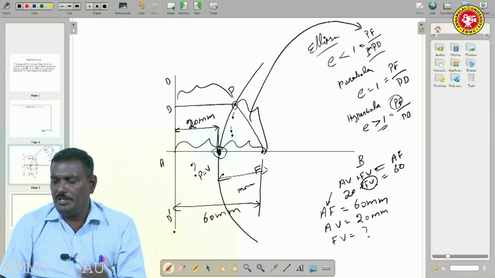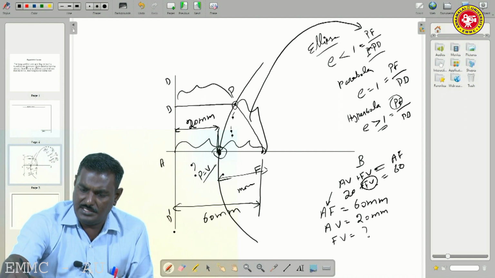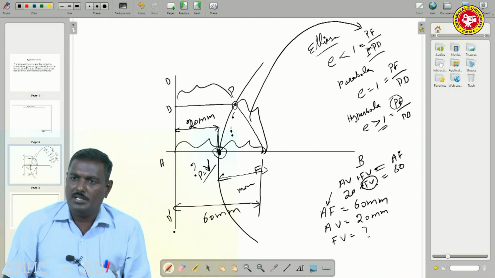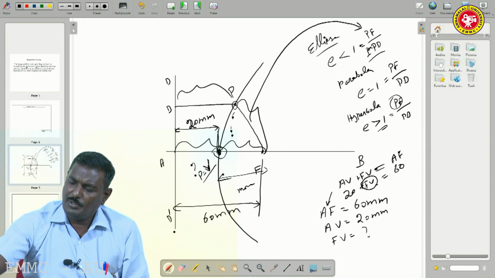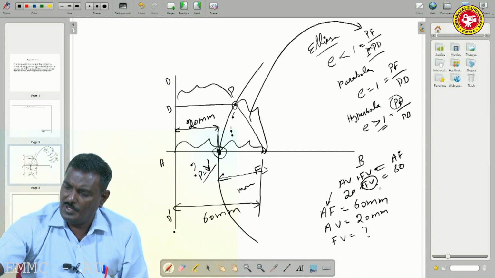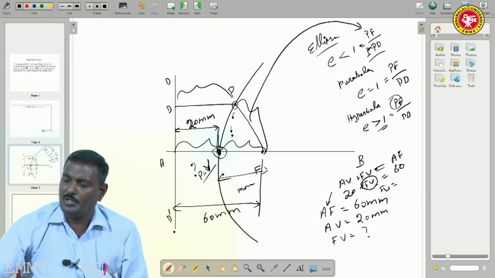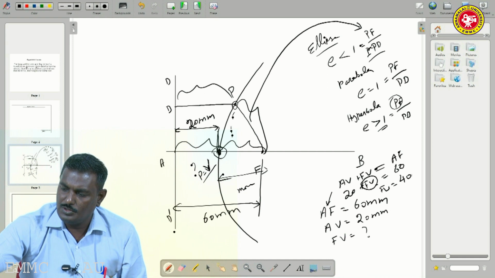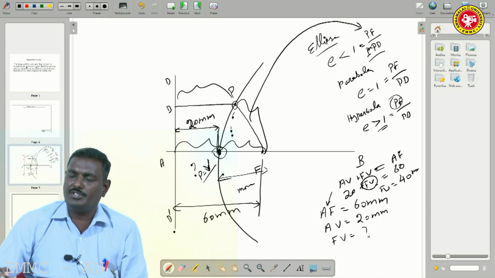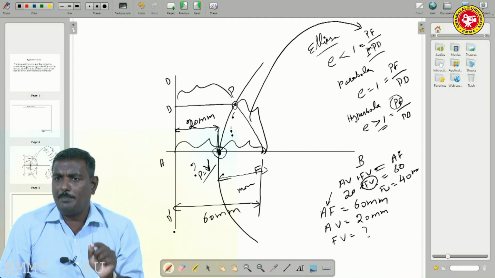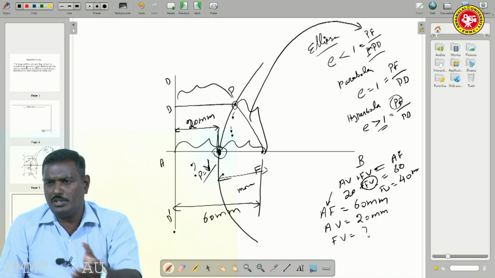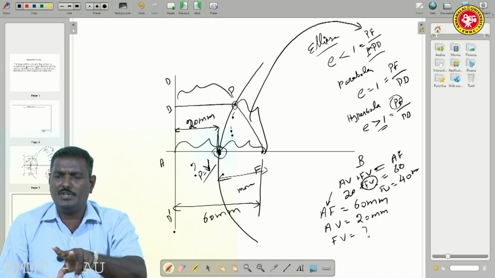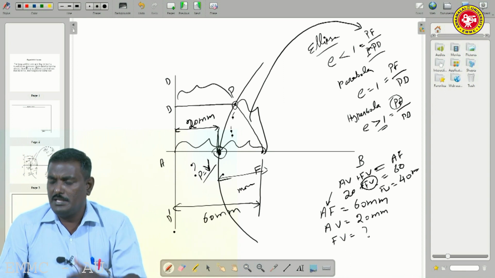Therefore FV is equal to 60 minus 20, so 40 mm, that we have to consider. First we obtain the distance between AV and FV or VF, whichever it is, because we have to consider two points.